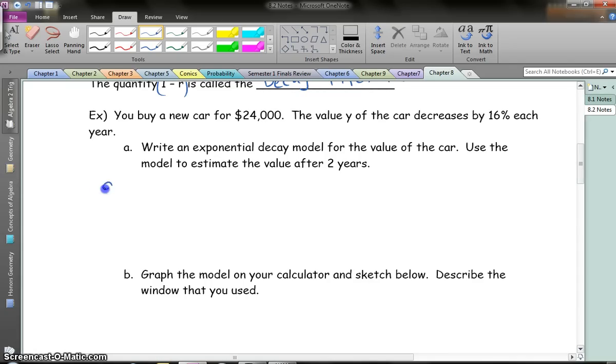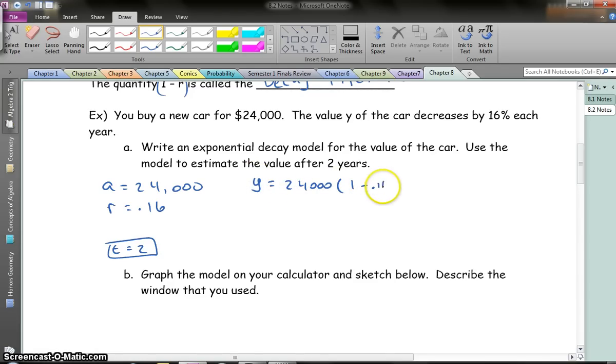So we know my initial amount, I bought it for $24,000. It says it's decreasing at a rate of 0.16, and the time is 2 years. It says write the model first. So we got Y equals 24,000 times 1 minus 0.16 to the t power.